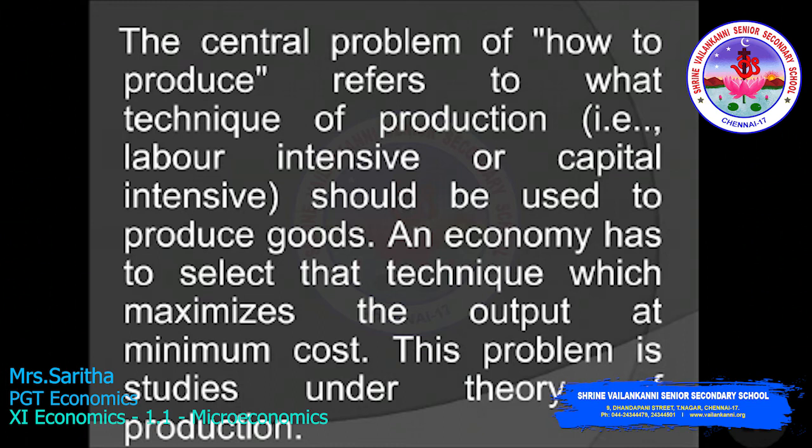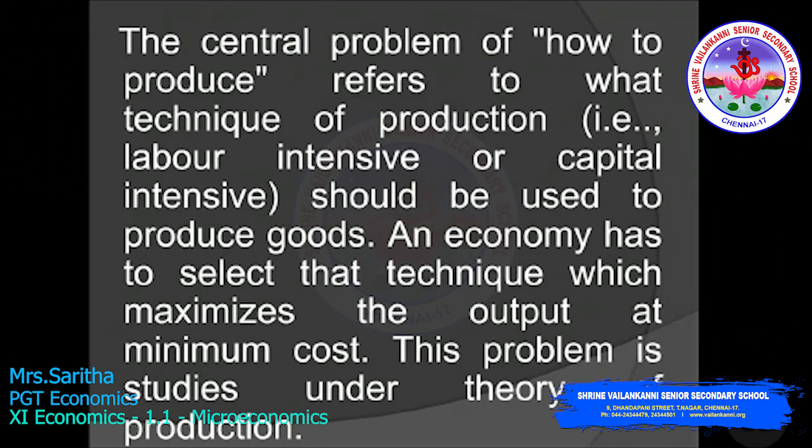For example, a country like India will prefer labor-intensive techniques due to abundance of labor. Countries like USA, England, etc. prefer capital-intensive techniques due to shortage of labor and abundance of capital.